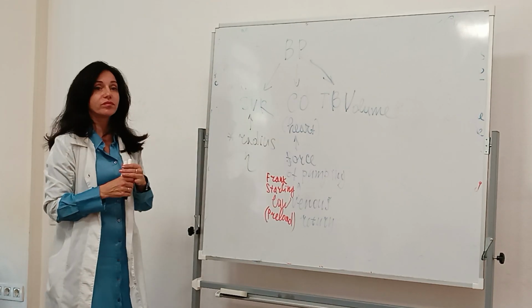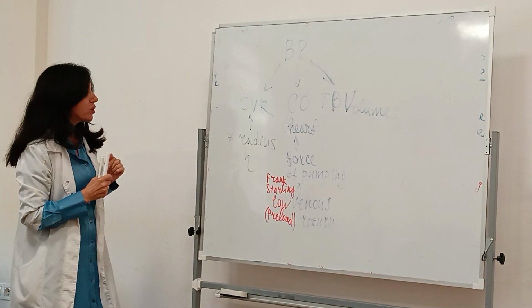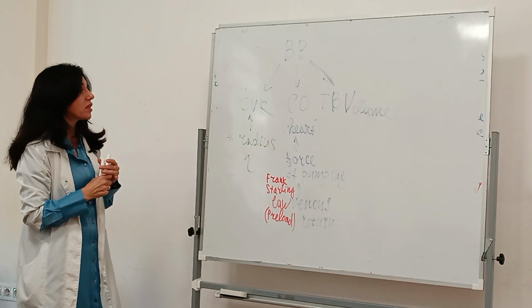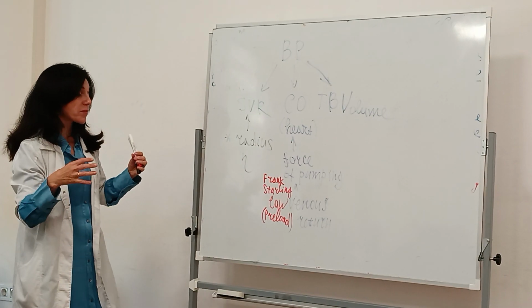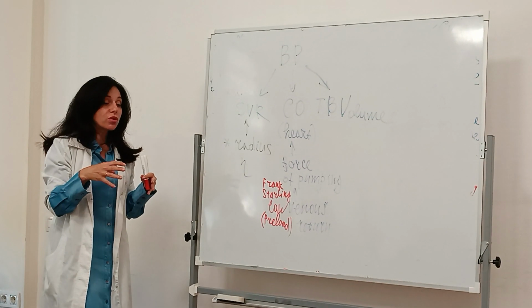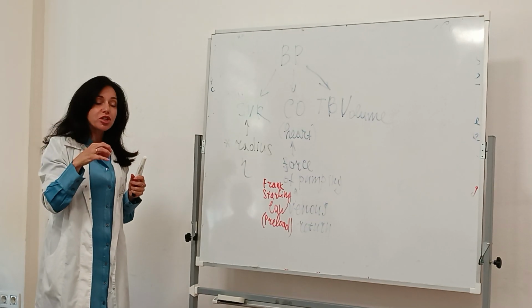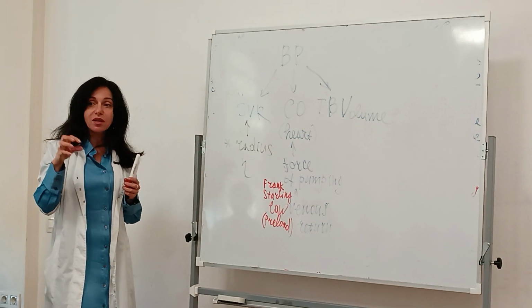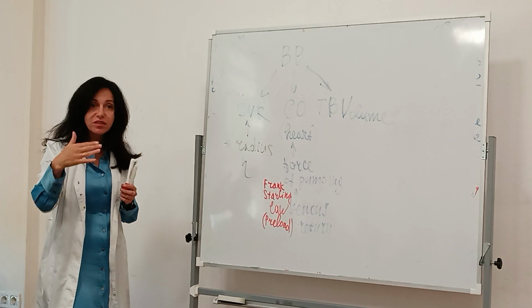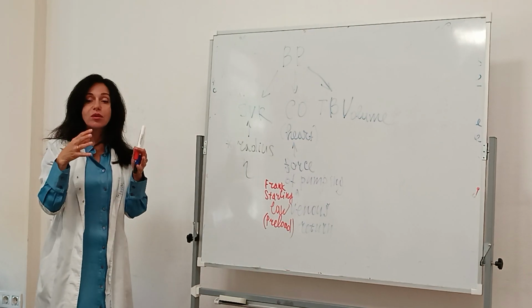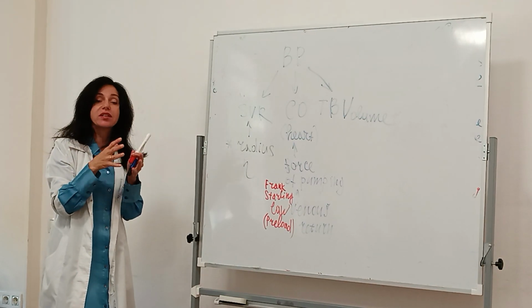Now it depends on preload or afterload. What is afterload? Afterload is the resistance from blood pressure in the aorta. The heart must eject blood against some pressure inside the aorta.